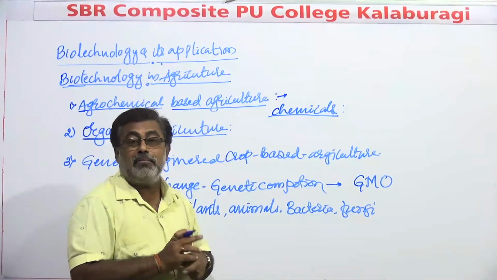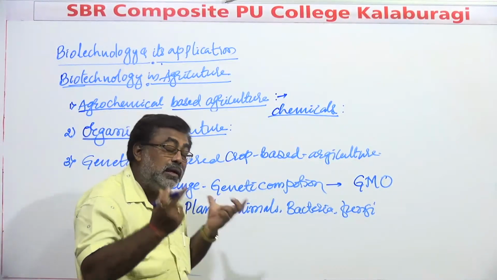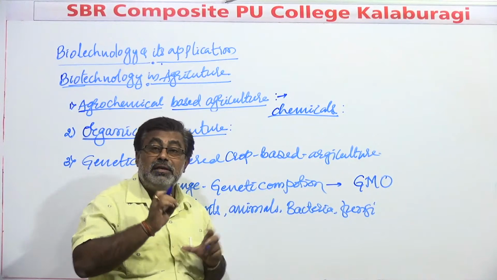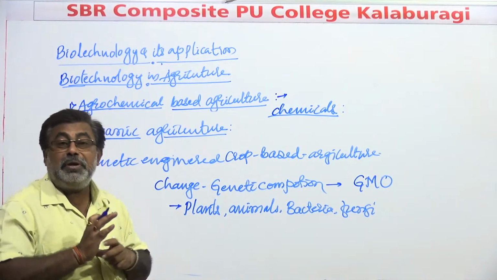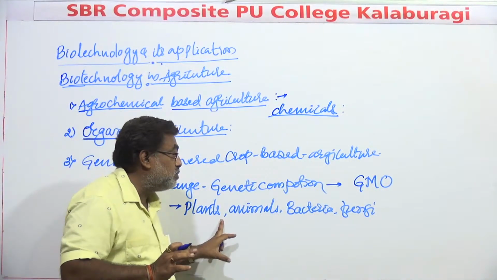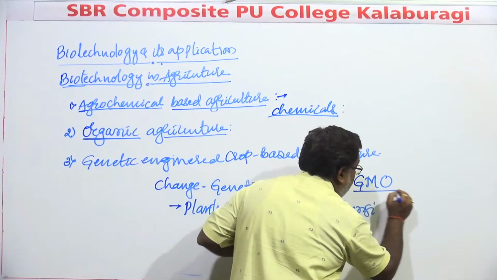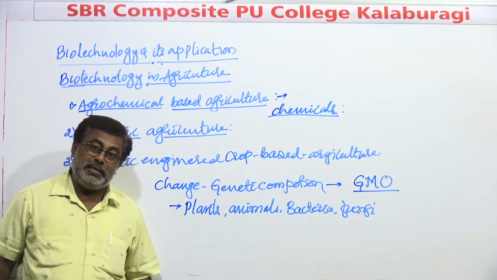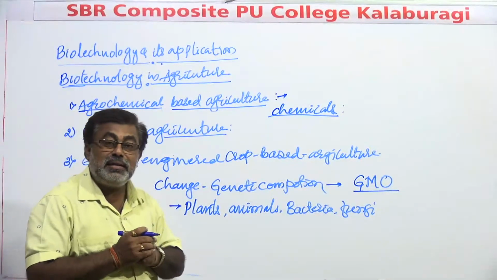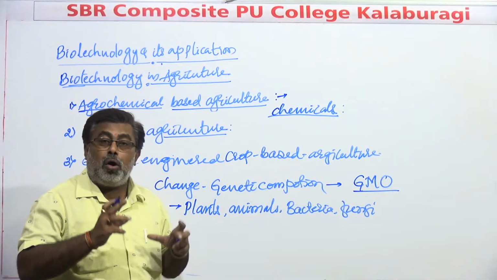So these organisms will be modified. The genetic composition of these organisms will be modified as the gene will be changed. So these organisms are called genetically modified organisms.